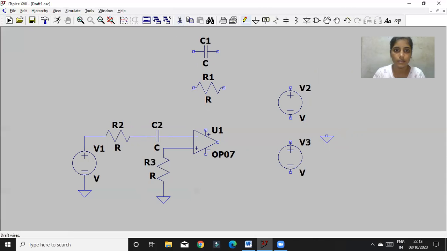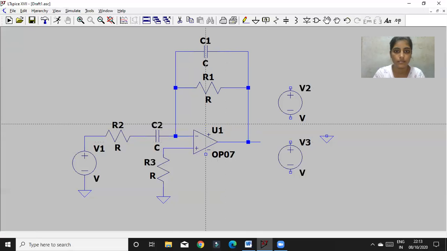Now I'm connecting all the components, and now I'm connecting the voltage source to the common ground.